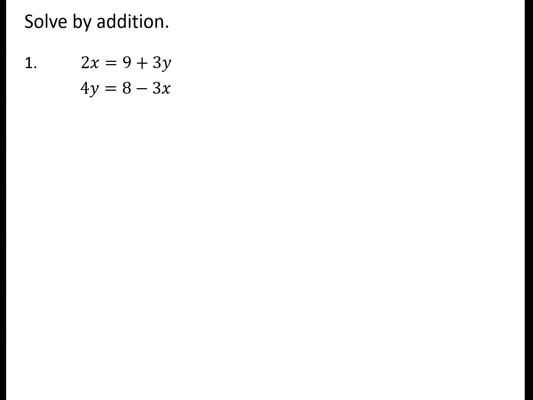I'll just put it down here below. That first equation, I'm going to leave the 2x on the left. I'm going to subtract the 3y so that it'll move to the left. And then I'm going to keep the 9 on the right. And then on the second equation, I'm going to add the 3x to move it over.